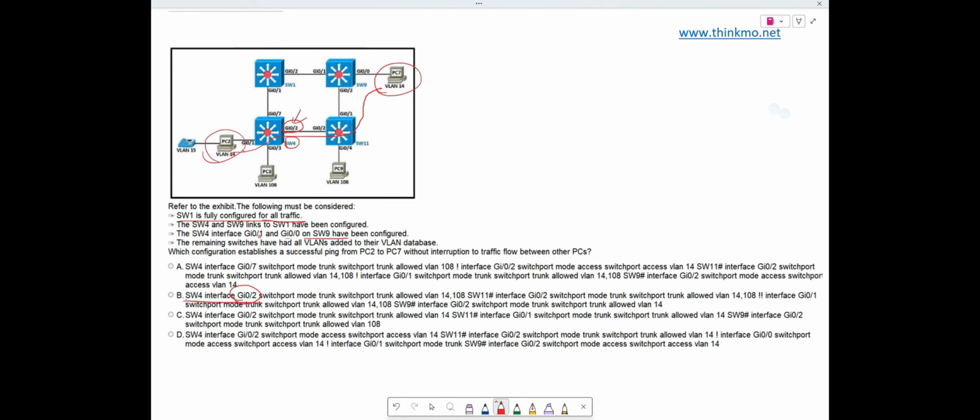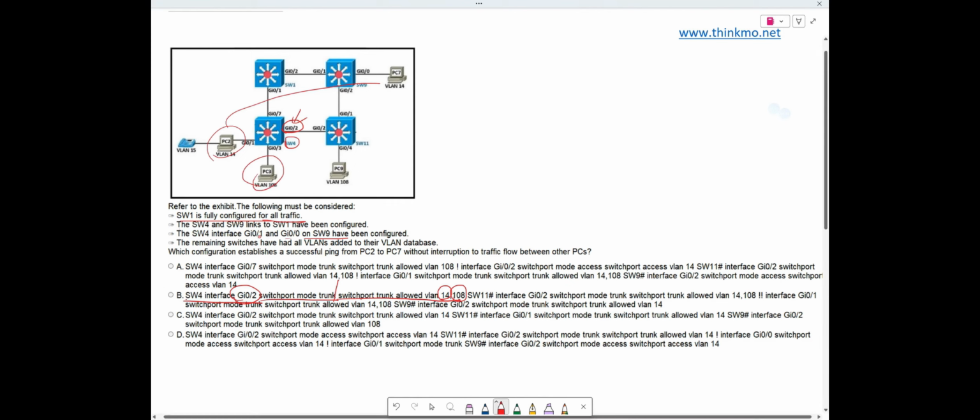We configure this interface to trunk mode, and for its allowed VLANs, we allow VLAN 14 and 108. This means that communication between the two, as well as VLAN 108, is all permitted between them, right? If you only allow one of them, then there will be two devices among these that cannot communicate with each other, right? So here, VLAN 14 and 108 are allowed.